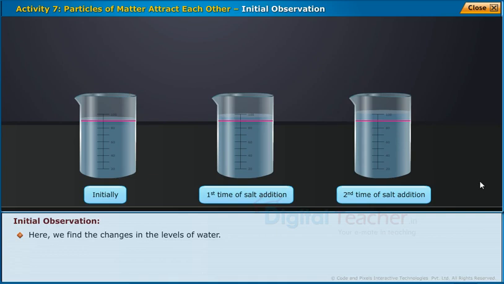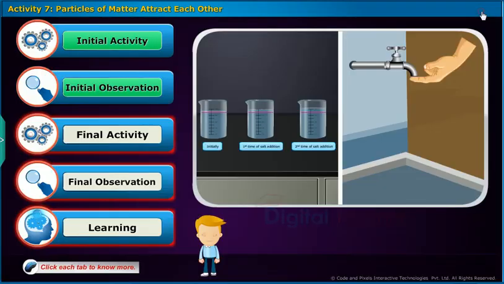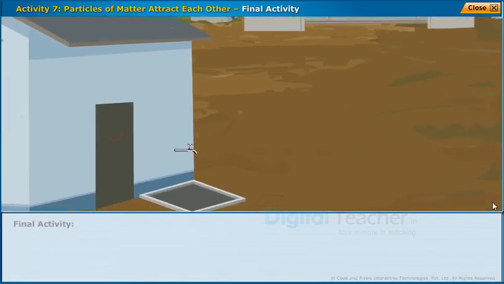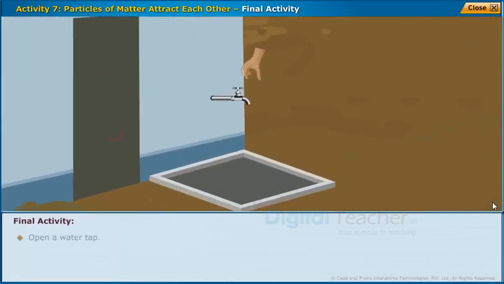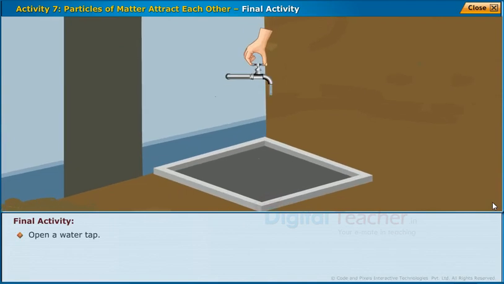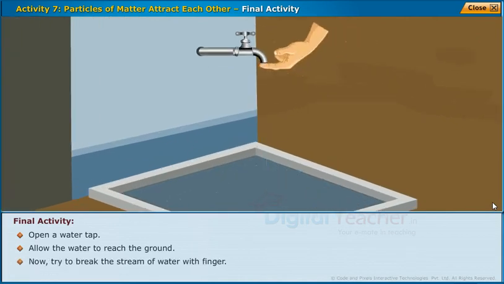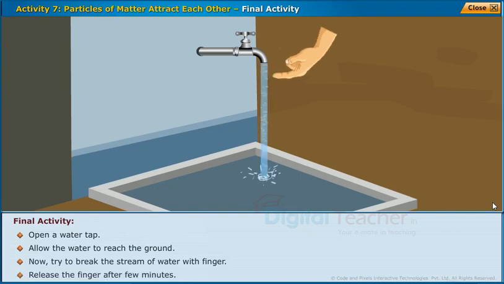Here, we find the changes in the levels of water. Open a water tap. Allow the water to reach the ground. Now try to break the stream of water with finger. Release the finger after few minutes.